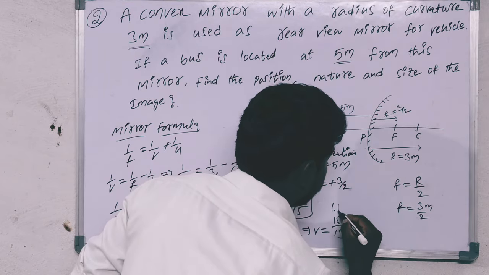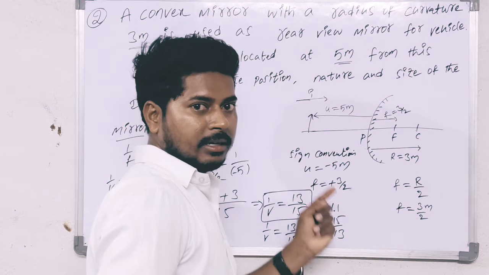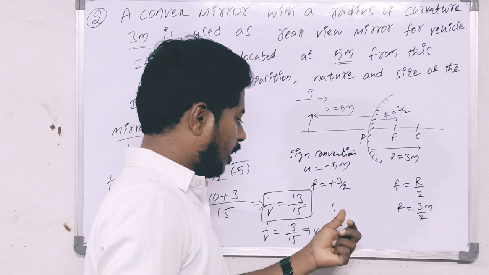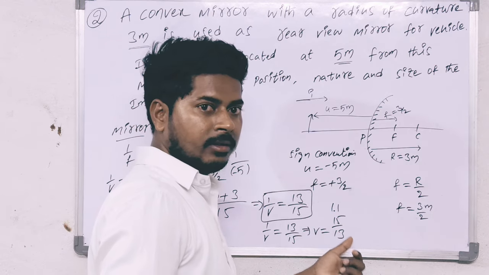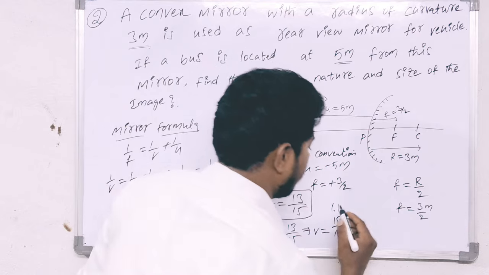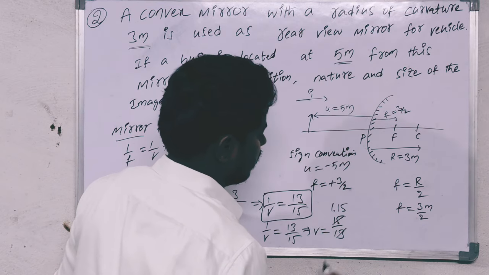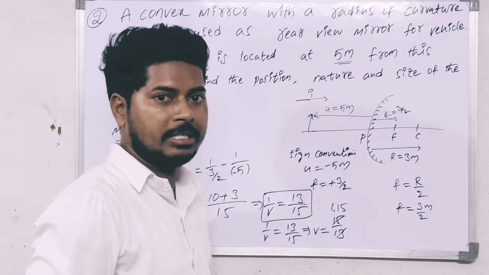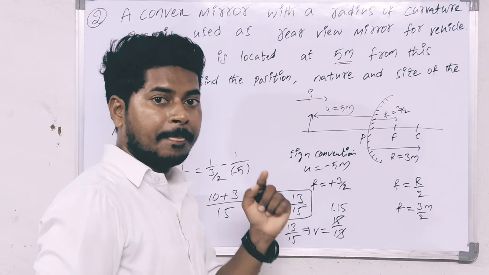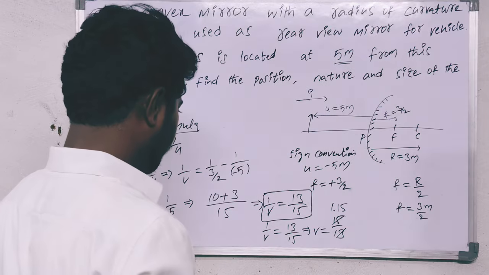Again 13 ones are 13, remains 7. Our decimal is taken, it becomes 70. 13 5s are 65. You can cancel it. So take two digits after the decimal.